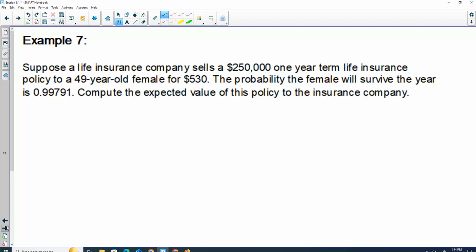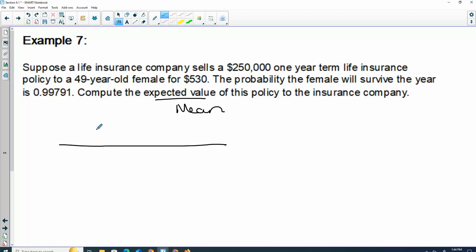Now, does this work if they're only insuring 100 people? No, because if one of those 100 people dies, it wipes out their money. This works if they are insuring a large number. Okay, this is kind of the expected value. So if I want the expected value of this policy, I am asking for the mean.